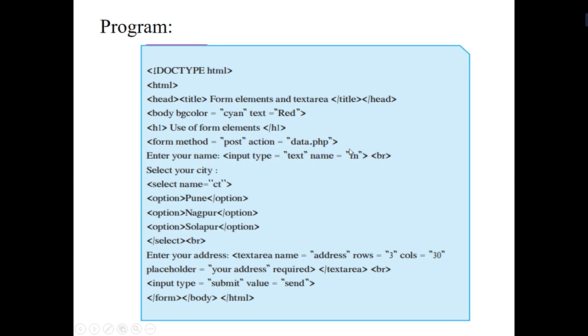You all can assign any name in double quotes. So input is the tag, type is the attribute with value as text, again name is the attribute with value as FN. It means that it has two different attributes for the input tag. First attribute is for the text box creation, and second is the name that is assigned for your text box.